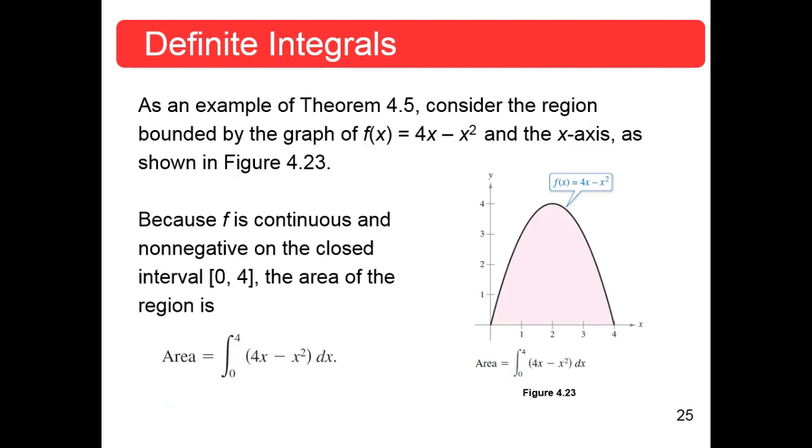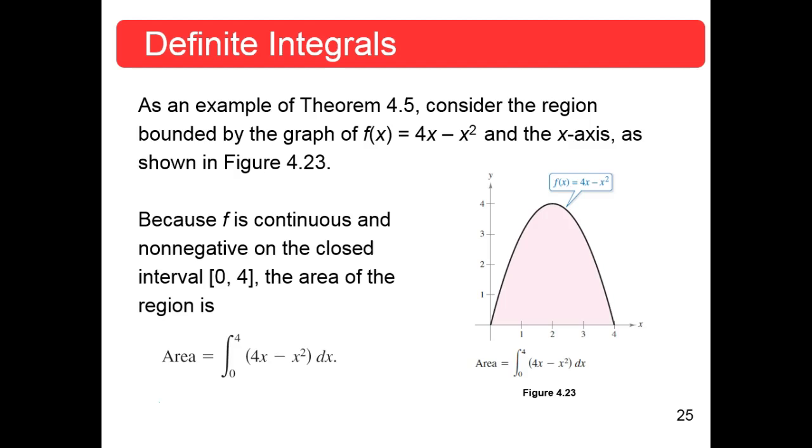And when x equals 4, it'd be 4 times 4 is 16 minus 4 squared is 16. Yeah, that's 0. And it looks like your max would be about 2. That would be 8 minus 4, so yep, that would be 4. Yeah, looks like they drew it right. Okay? So that's your parabola.